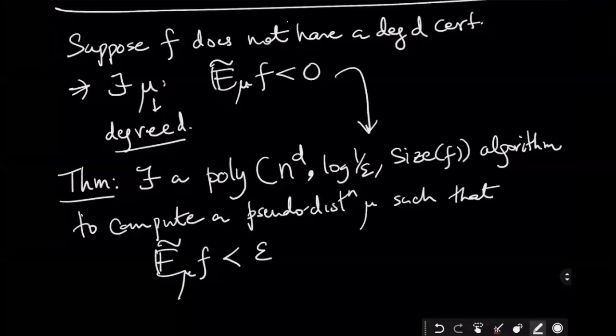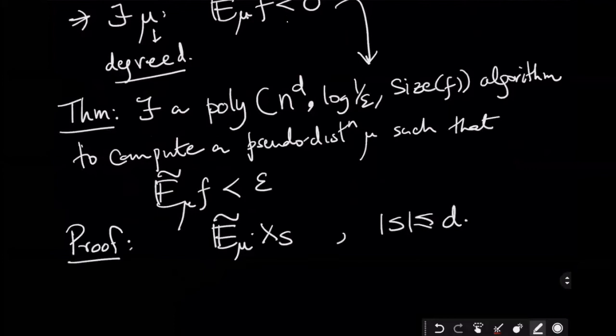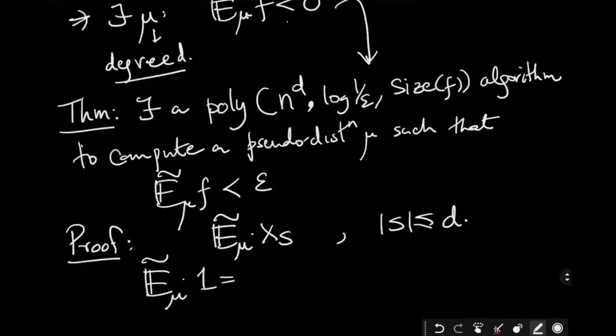Okay, and the proof again, I'm going to sketch this proof now, but it's kind of simple. Remember, we just make variables for all possible monomials of degree at most d. And then remember, what does it mean for mu to be a pseudo distribution? Well, it means that the pseudo expectation of 1 is 1.